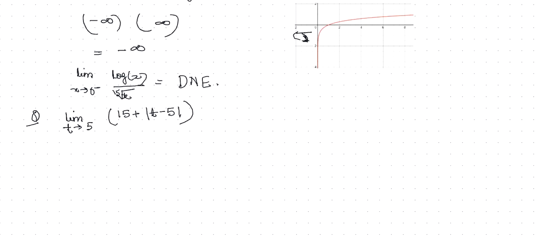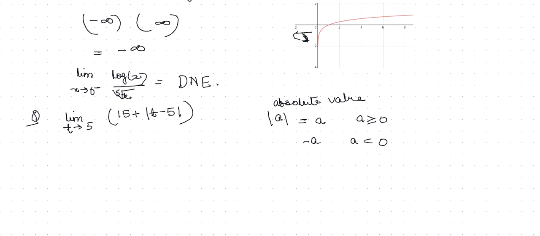So we know for the absolute value, a is equal to a when a is greater than or equal to 0 and negative a when a is less than 0.